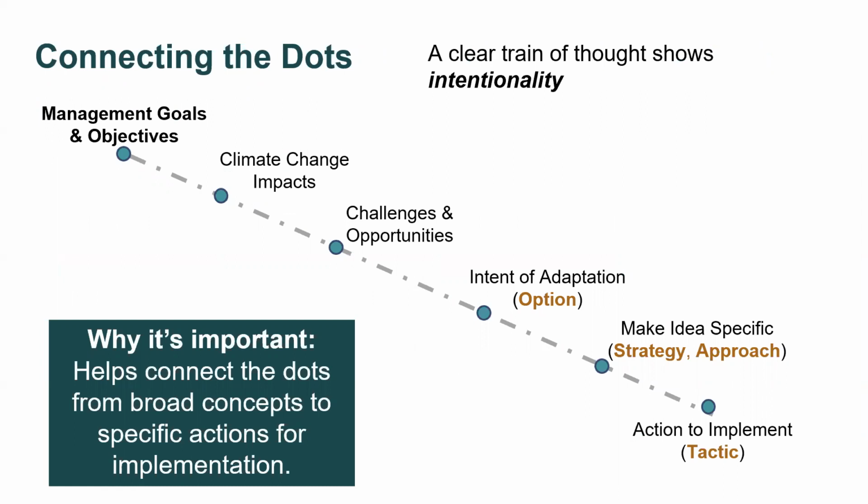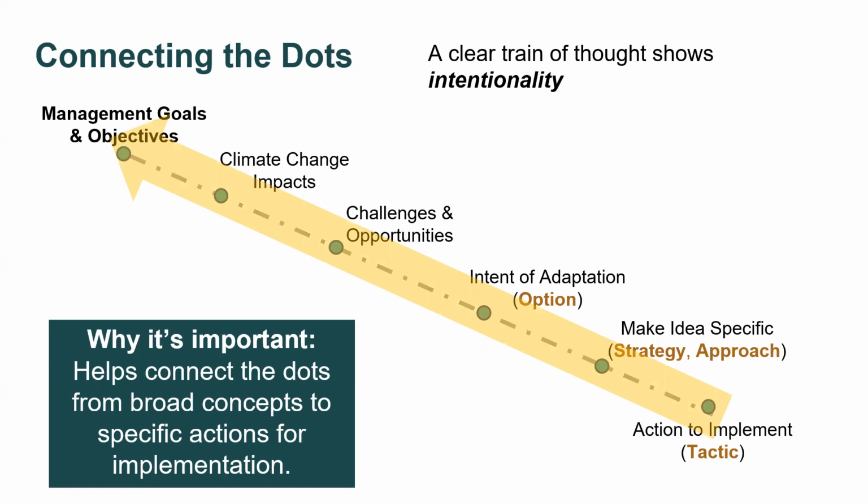We go through this iterative and intentional process of defining what our values are, looking at the threats to those, adapting our plans, and coming up with specific actions to adapt those plans. But it goes back the other way. As we finish our monitoring plans, we want to make sure we have metrics that can measure the effectiveness of our adaptation tactics. And in turn, we will use that to describe how we'll implement our strategies.